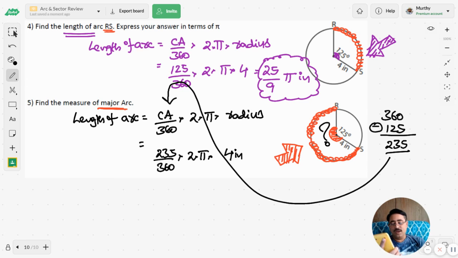So let me compute on my calculator: 235 over 360 times 2 times 4, let me drop pi. So it is 47 over 9 pi inches.